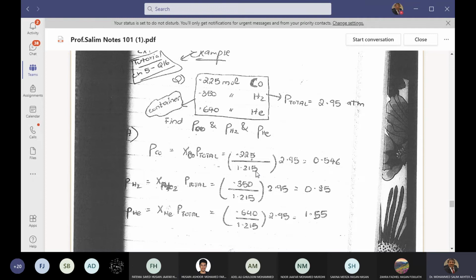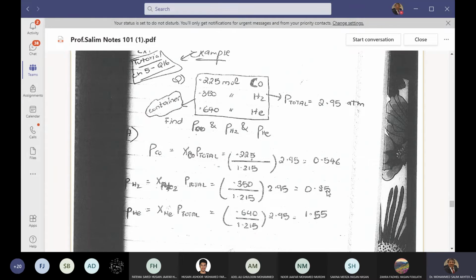So 0.225 divided by 1.215 multiplied by 2.95, and the answer is 0.4629. Let's write it down as 0.463. For example, 0.350 divided by 1.215 multiplied by 2.95, and the answer is 0.8498.